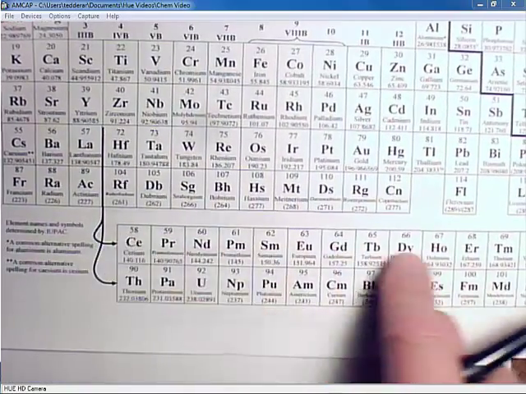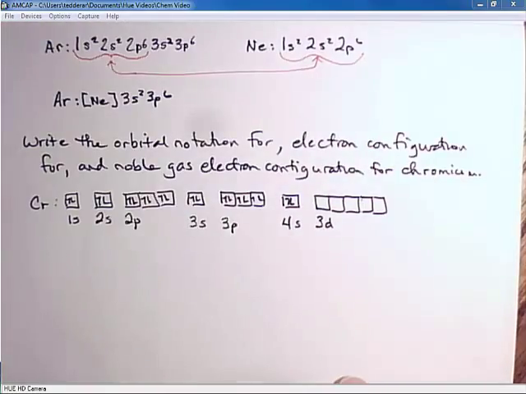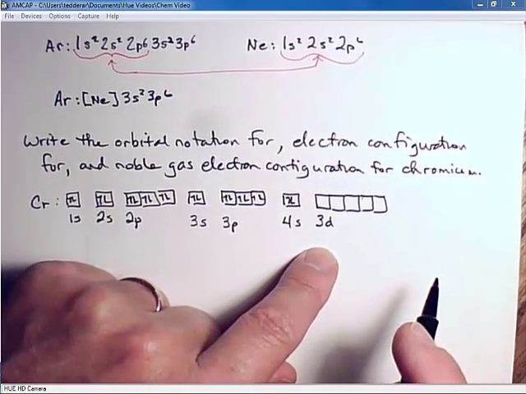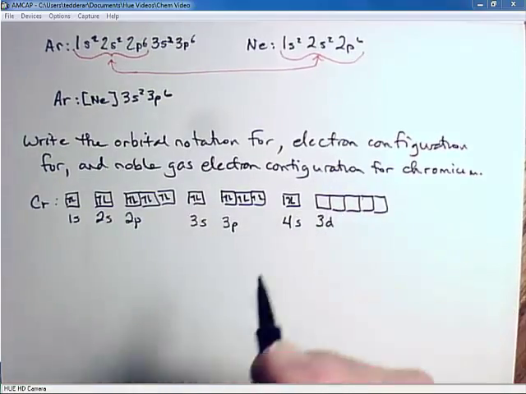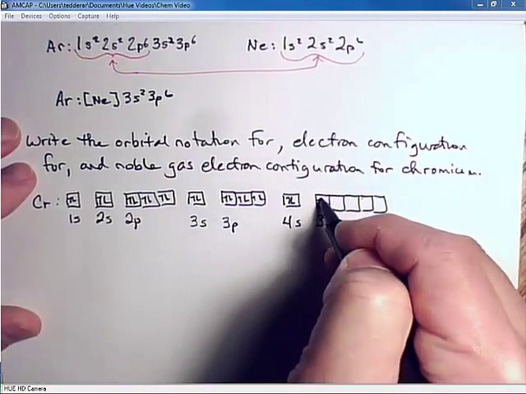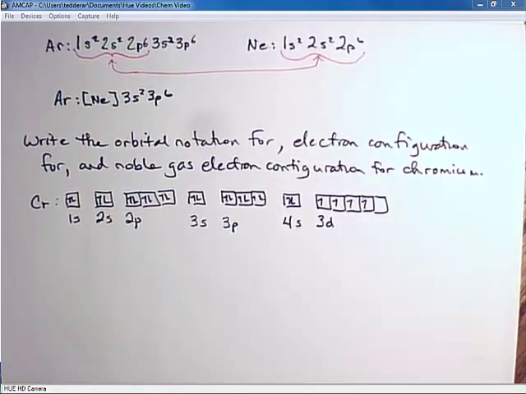That's 5 orbitals. And in an f sublevel, there are 14 here. That corresponds to 7. 1, 3, 5, 7. You see the pattern? All right. So then chromium is number 1, 2, 3, 4. So we're going to put 1, 2, 3, 4 electrons, and there's chromium.